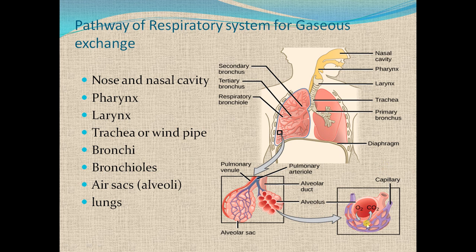The carbon dioxide that is in the blood comes into alveoli. That carbon dioxide then goes back on the same path in backward direction and comes out from mouth or nose. So, this was the respiratory pathway.